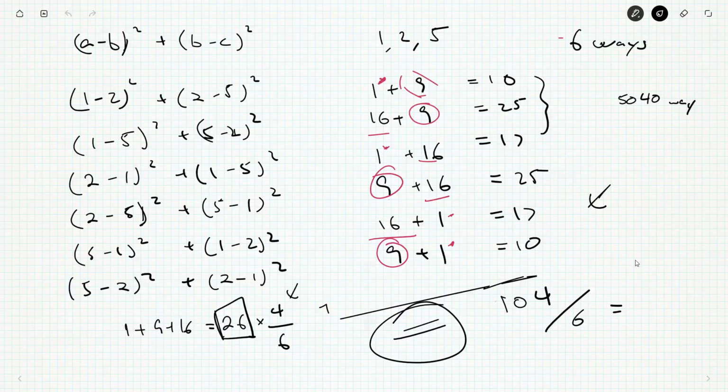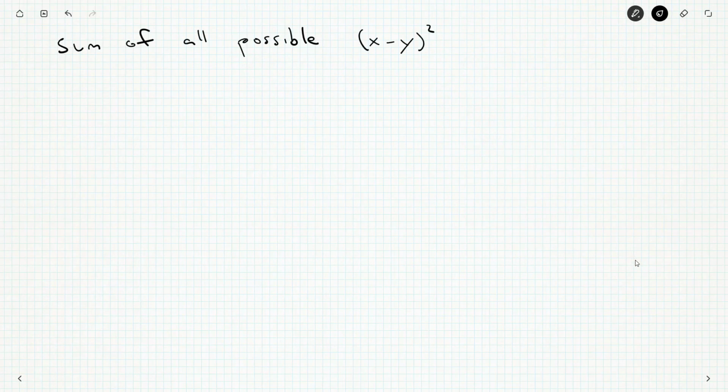So, it looks like the sum of all possible (x minus y) squareds, multiplied by the number of times it appears, divided by the number of rearrangements.